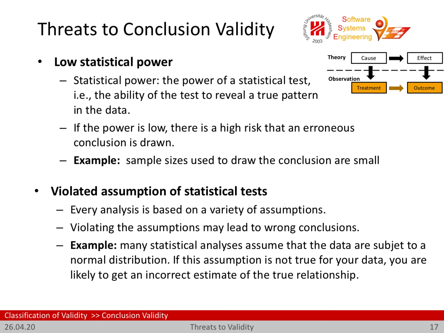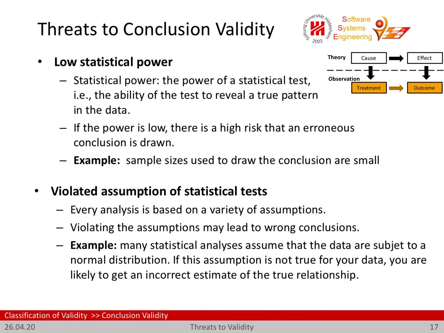Another very important case are violated assumptions of statistical tests. Every statistical analysis makes assumptions about the underlying data. There are actually multiple such assumptions. If you use a test that has not been designed for the situation that it is used in, then even though the test is statistically perfectly correct, you may end up with inadequate conclusions.